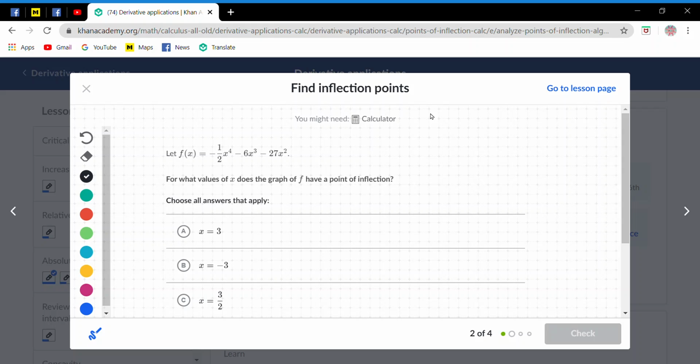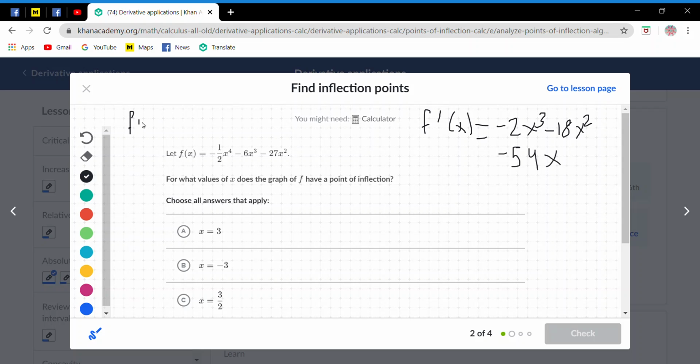First let's find the second derivative. So f prime of x equals, this becomes 4 times negative 1/2, which equals negative 2, so negative 2x cubed minus 18x squared minus 27 times 2, which is 54, minus 54x. Let's take another derivative.